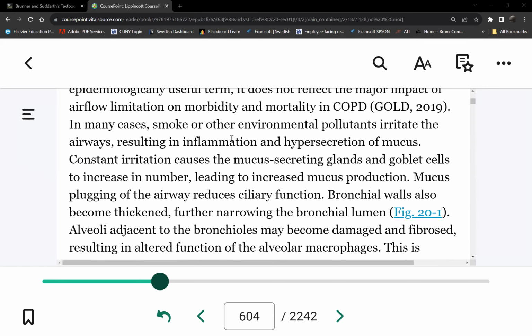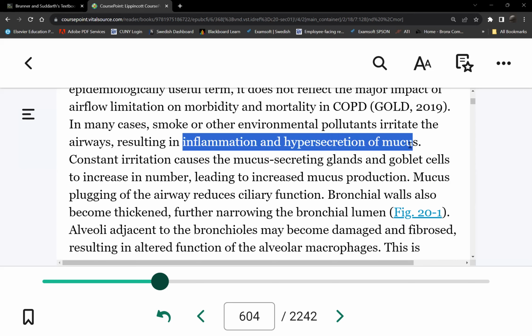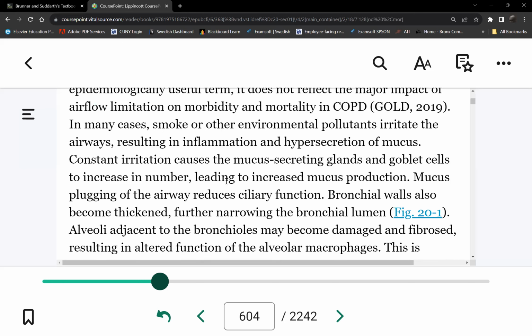All this debris that they're smoking in, the smoke, the nicotine that enters the lungs, causes inflammation of the airways and hypersecretion of mucus. If this is multiplied by months, years, decades, what happens to the size and activity of the mucus-producing goblet cells? They will increase in number, and not only in number, but also in size.